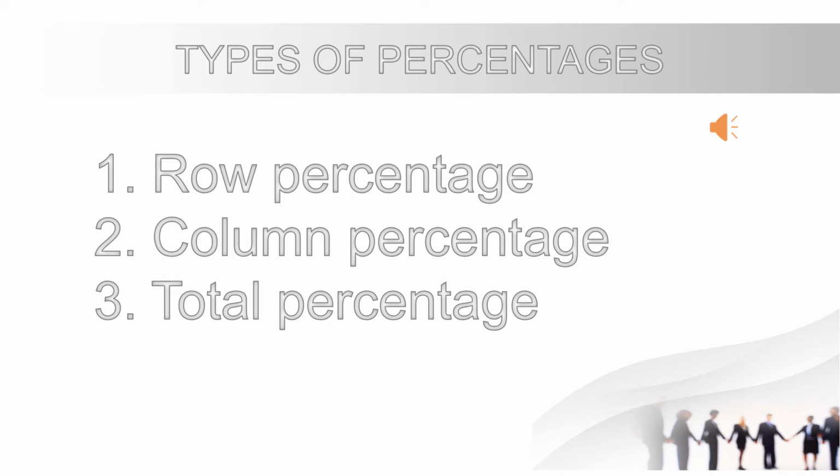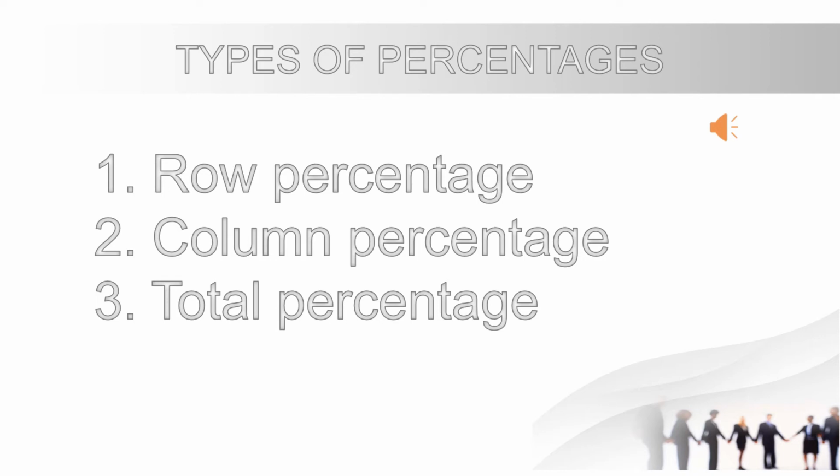For example, there are 24 aged 25 to 34 who are strongly unfavorable towards uranium mining, out of a total of 56 who said strongly unfavorable.